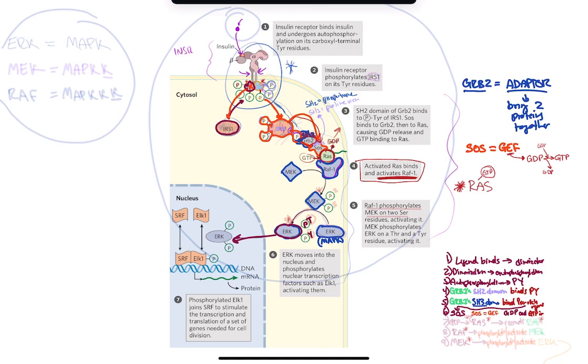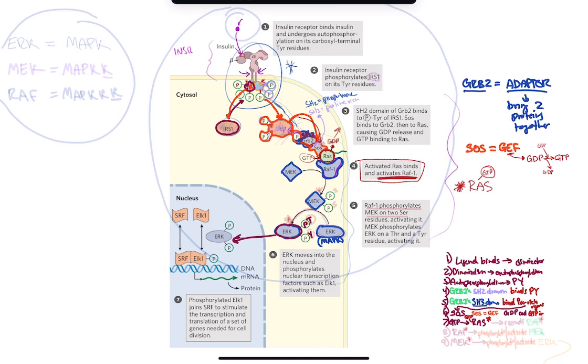Okay, so once you have GTP bound, we have active RAS, right? We have GTP bound to the RAS, meaning it's active. The GDP left. This is our monomeric G protein.